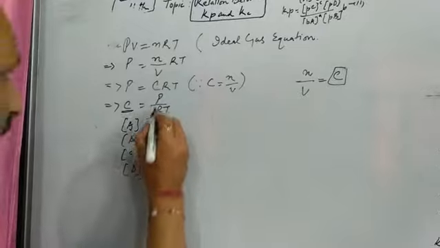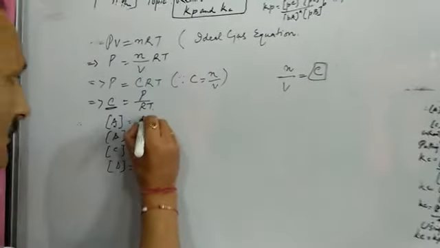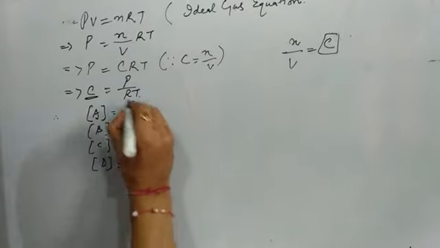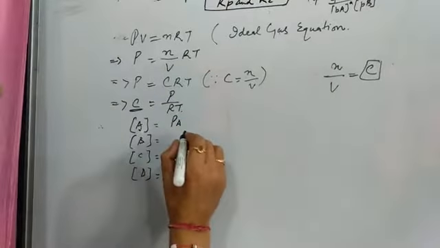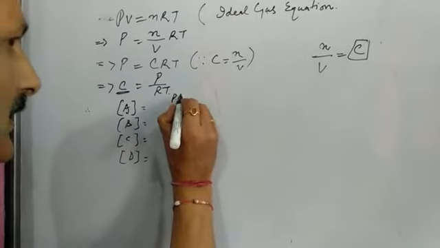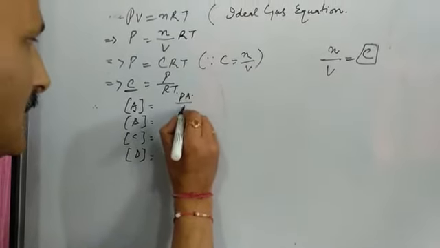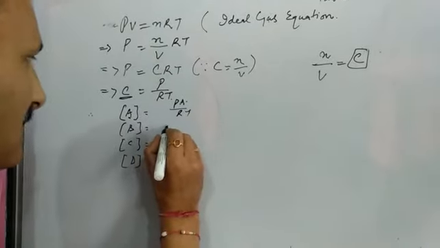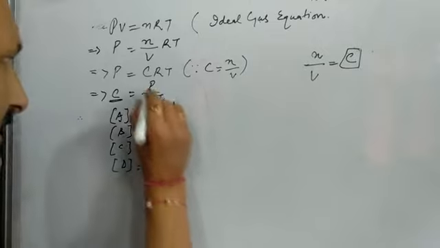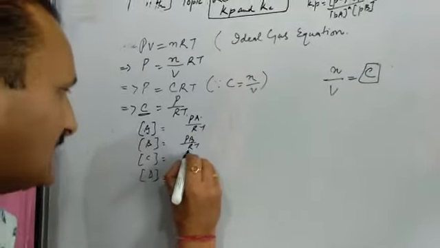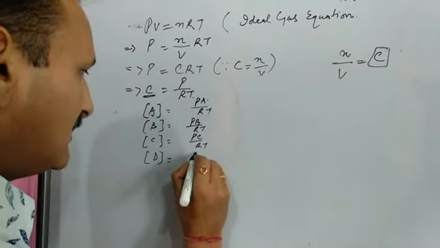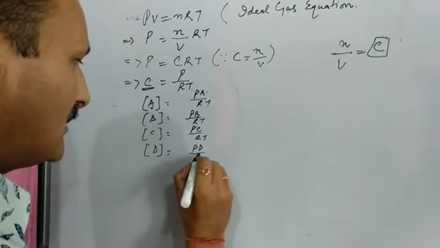Now here we have to apply P for what? A, that is PA. This will be PA divided by RT. This will be PB divided by RT, then PC divided by RT, and finally PD divided by RT.